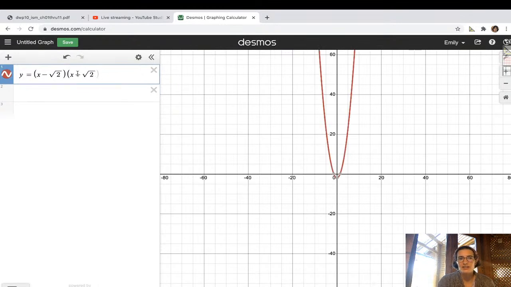We see that this is the negative square root of 2 and this is the positive square root of 2, but both of these exist.